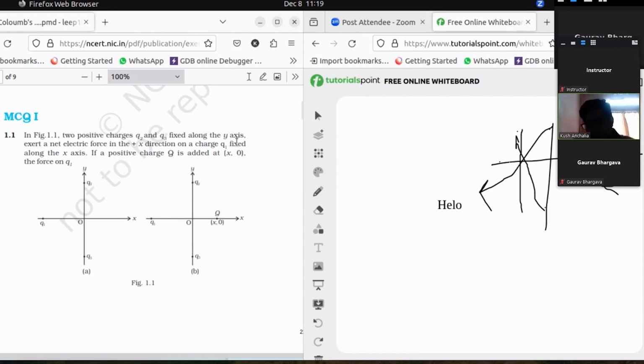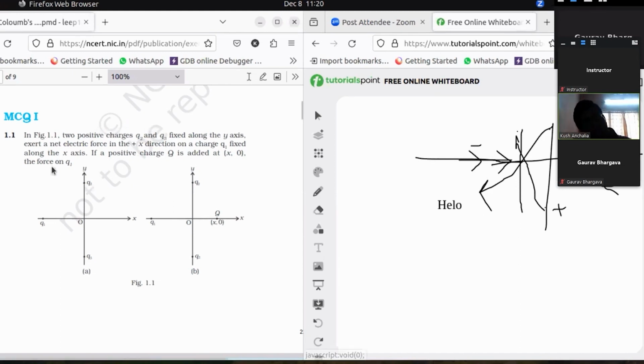So only the positive x direction remains. One guess we can take is that Q1 is negative, since both of these are positive, this one should be negative so that the force is directed towards them. Next, Q is a positive charge, which will again attract, so the net force will be in the x direction only, and Q is added at x0.